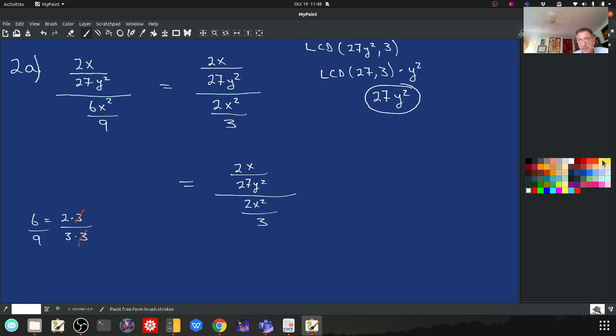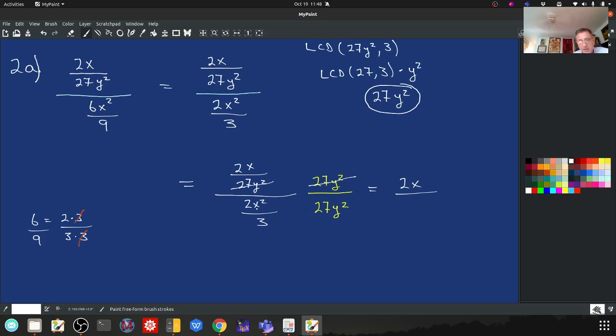Again, I'm multiplying by another fraction, 27y squared divided by 27y squared. It's going to make it easy because here those cancel out and all I'm going to have is 2x.